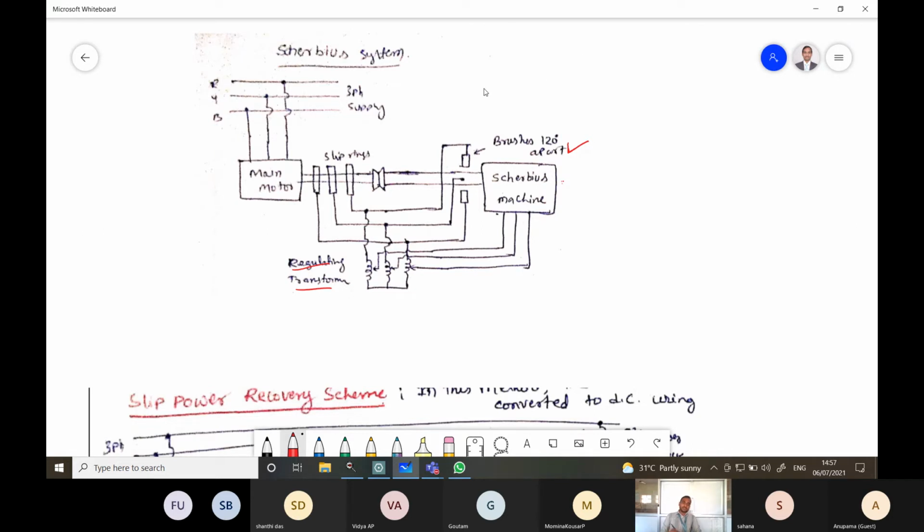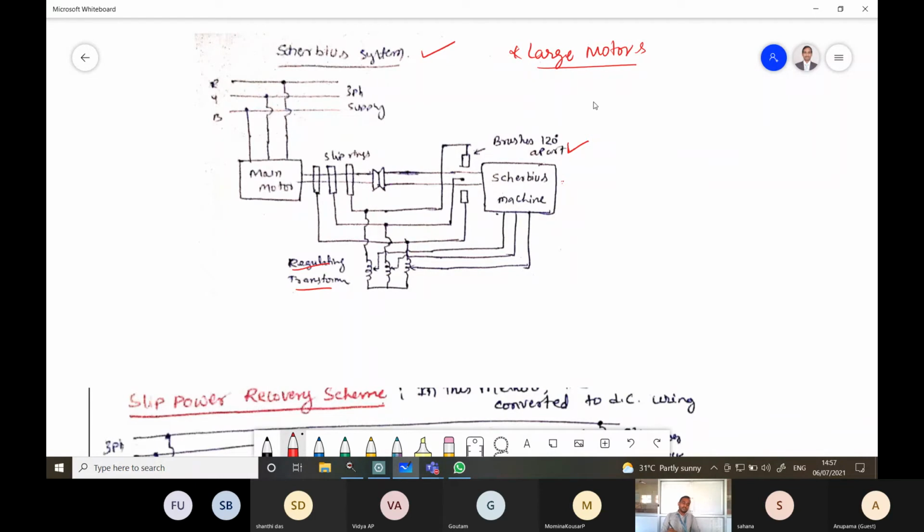So the figure shows another method, known as the Scherbius system, for controlling the speed of large motors, and the slip energy is not converted into DC here. In the previous case, slip energy is converted to DC, and DC is again converted to AC by using the rotary converter and all those things.